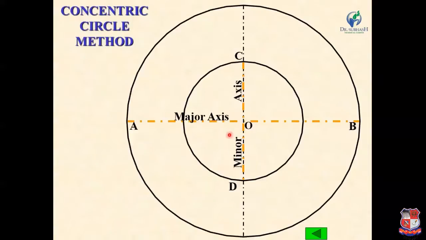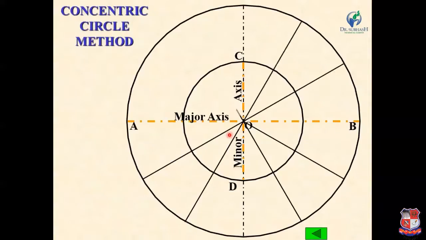Now we have to divide the circle into 12 equal divisions, and name the point 1 on the outer circle and 1 dash on the inner circle. This point is P1, the initial point of this ellipse.